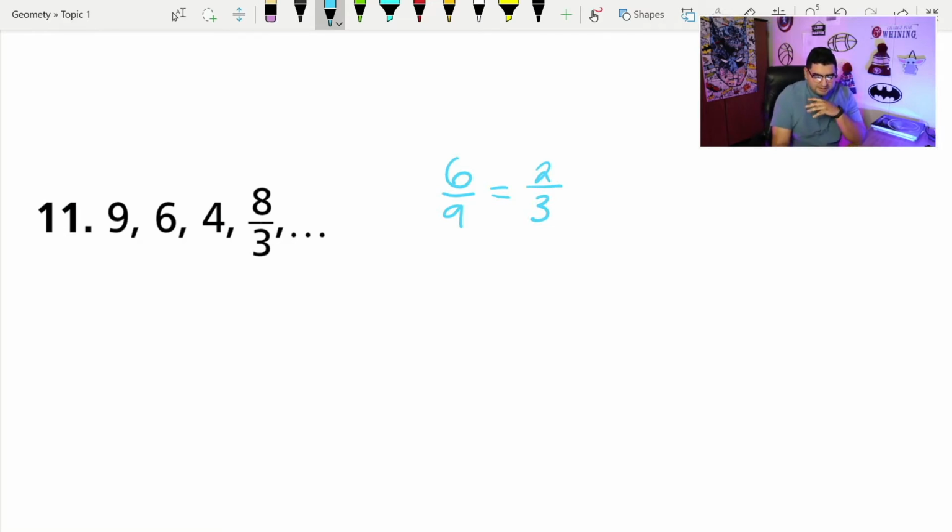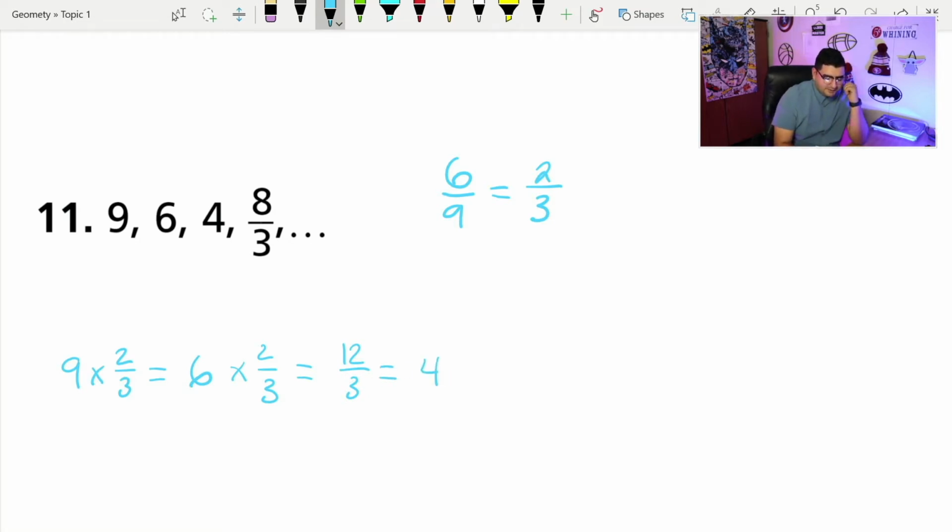So now I'm going to check to see, does multiplying by 2/3 end up giving me this pattern? Let's find out. 9 times 2/3 is 6, which is the second number. Then 6 times 2/3 should give me 4, which, 6 times 2 is 12 over 3, which ends up being 4.